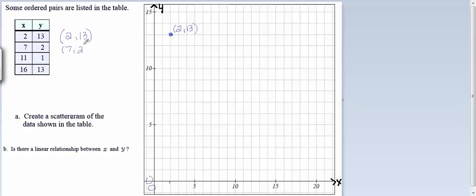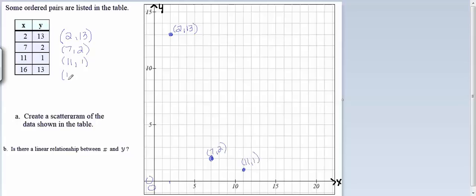I have (7, 2), so I'm going to go to 7 on the x-axis. So there's 5, 6, 7, and then up 2. So there would be the data point (7, 2). Next up, I have 11 as my x value and 1 as my y value. So here's on the x-axis 10, now I go to 11, and then I go up 1.